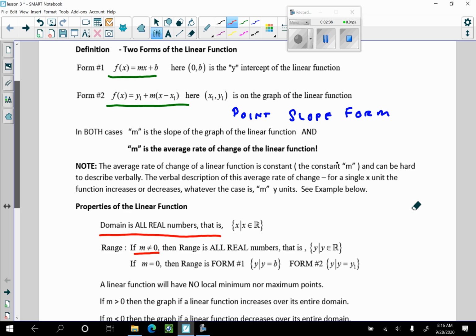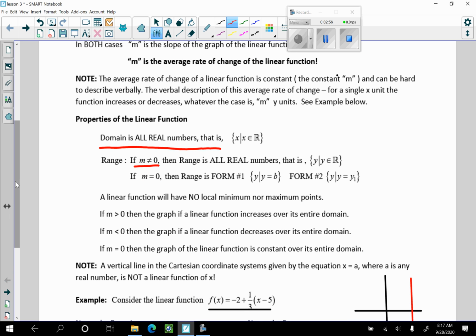Because if m is equal to 0, m times x minus x sub 1 is 0, and the range is going to be y equals y sub 1, and here if m is 0, 0 times x is 0, and I just have b. So that's going to be our constant function. We'll talk more about that constant function later.